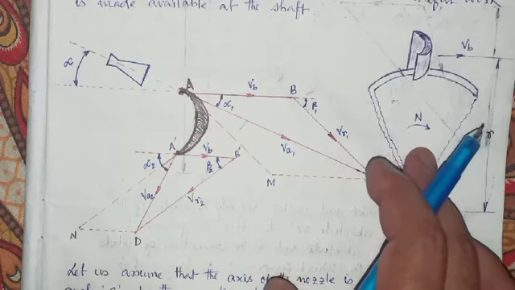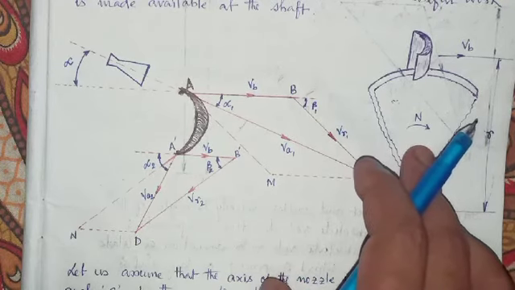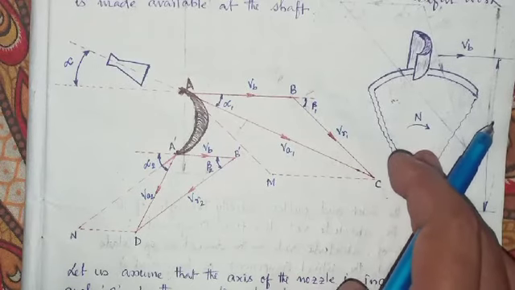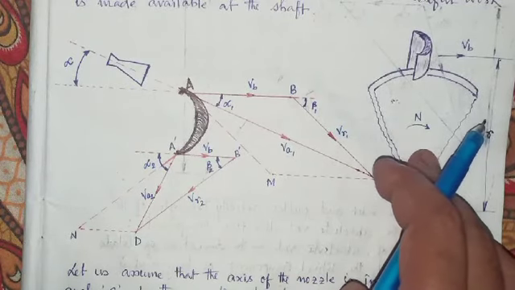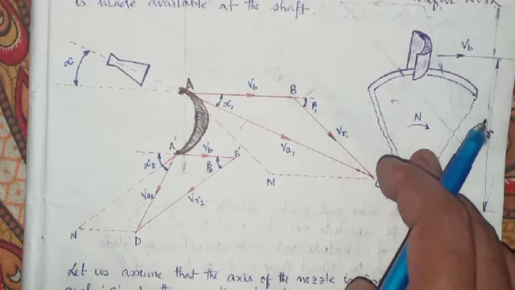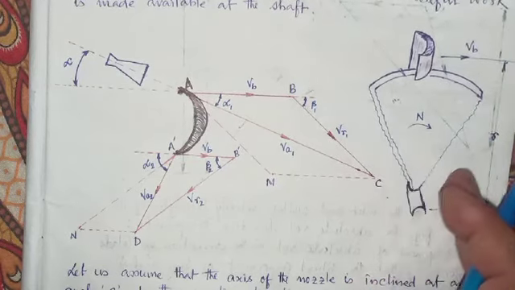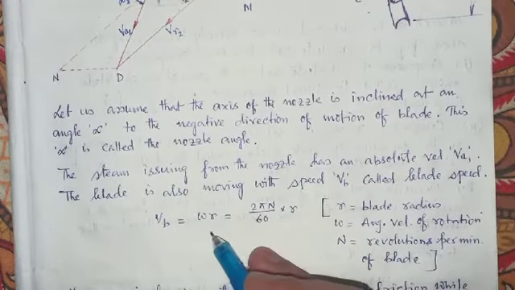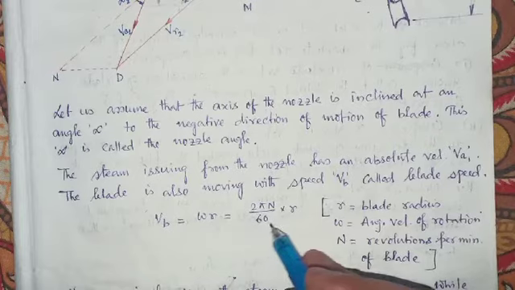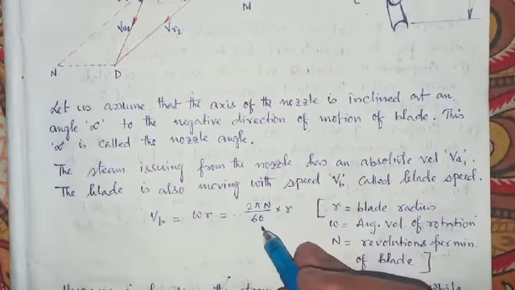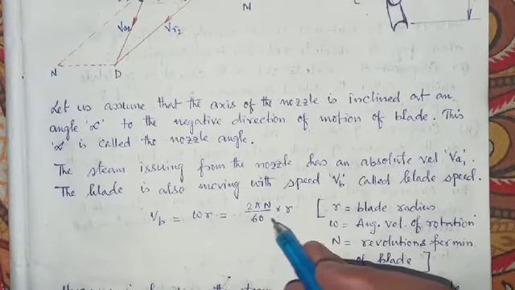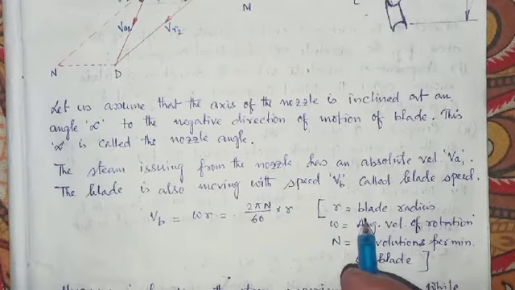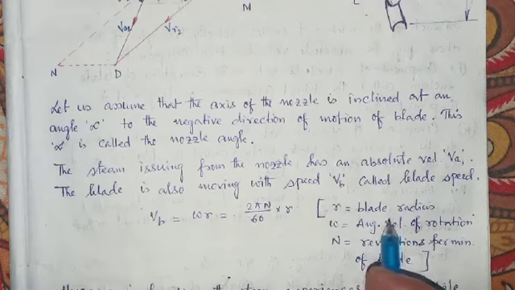If the wheel on which the blades are mounted is rotating at n revolutions per minute, we can have the blade speed VB from this relation: VB equals omega times R, equals 2 pi n by 60, as we all know, times R, where omega is the angular velocity of rotation and R is the mean blade radius.